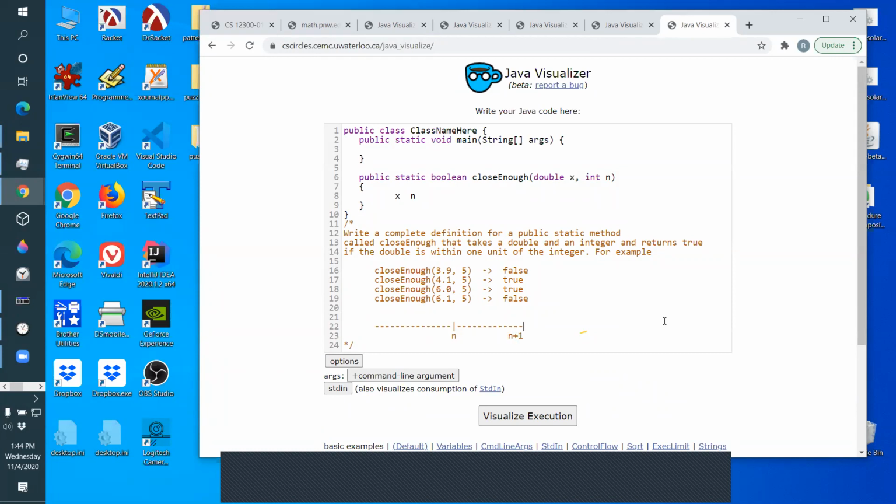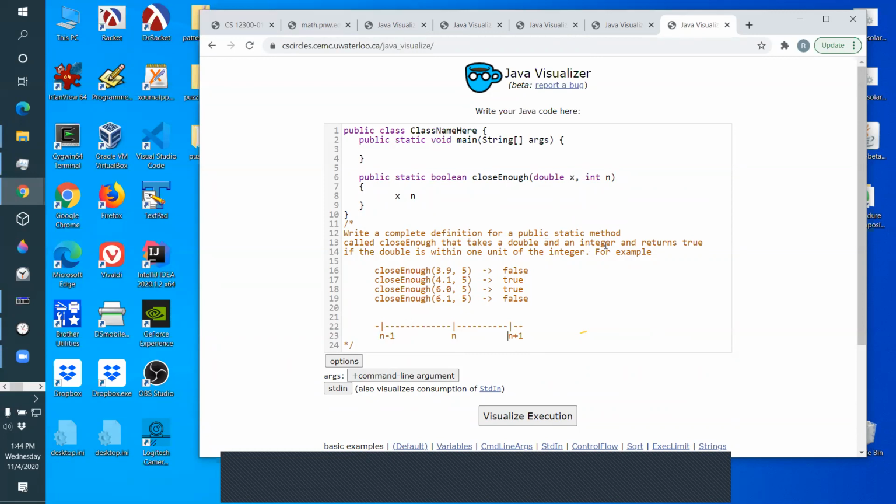That's the next integer on the number line. And then there's going to be another integer down here, n minus 1. So draw a picture to help you think. Here's n. Now x, I want x to be between this number and this number.